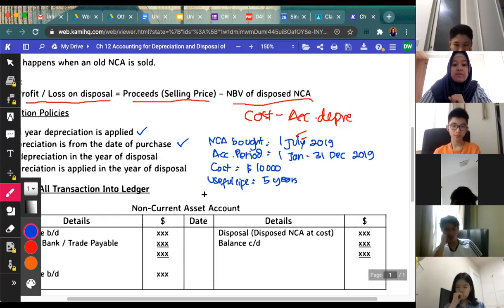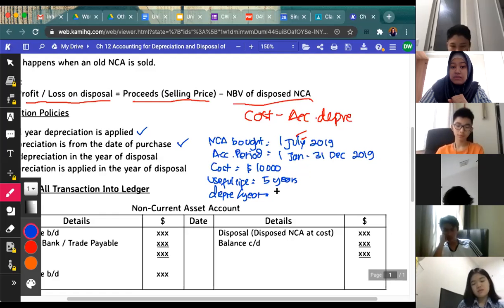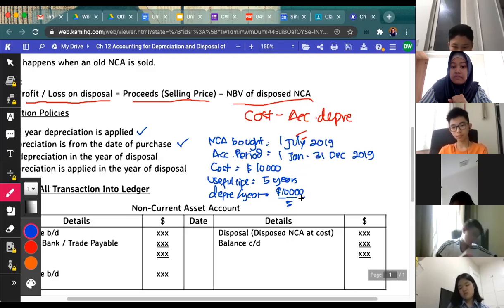Now, if you have cost of 10,000, useful life 5 years, no scrap value, how much the depreciation per year? 2,000, from 10,000 divide by 5. So you have 2,000 per year.